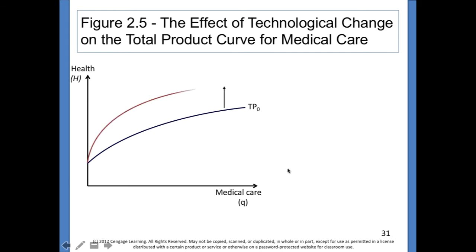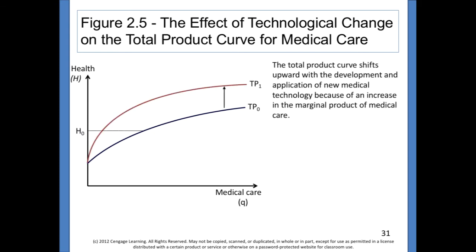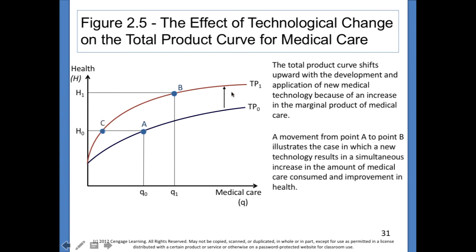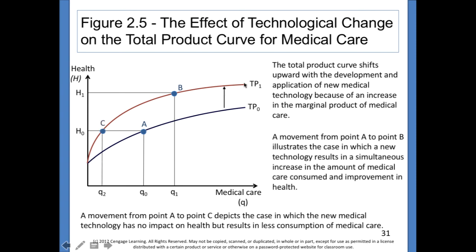So if you wanted to show that graphically, this upward rotation of the total productivity of health shows that at each level of input of medical care, we will have a higher level of output, with an upward rotation of total productivity from TP0 to TP1.